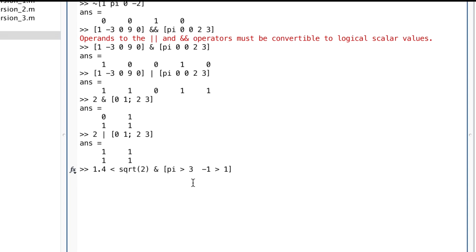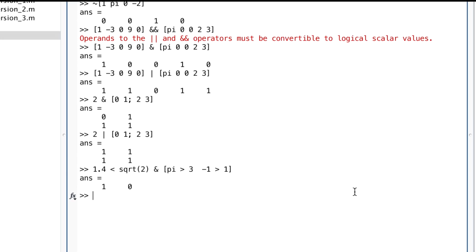So the elements of the vector are true and false, which in the land of MATLAB is 1 and 0. Now the true value from this expression over here, 1.4 less than square root of 2, will be ANDed with the true and with the false elements of the vector to give true and false, which in MATLAB land are 1 and 0. Okay, time to hit return. And we get a vector with 1 and 0 as its elements.